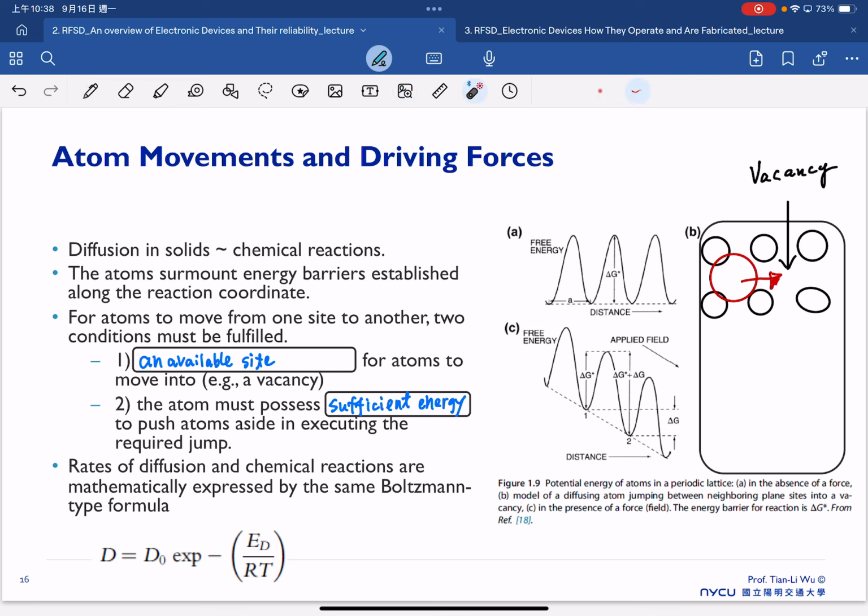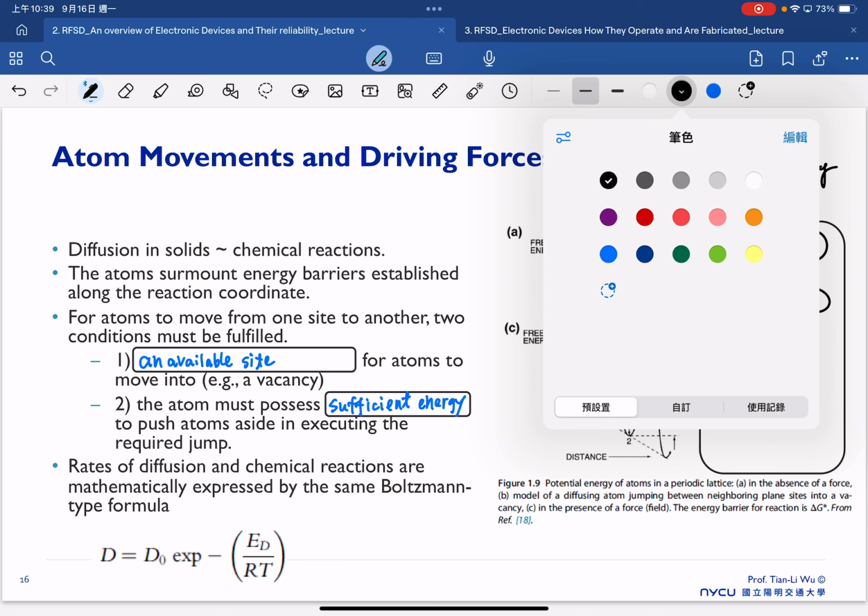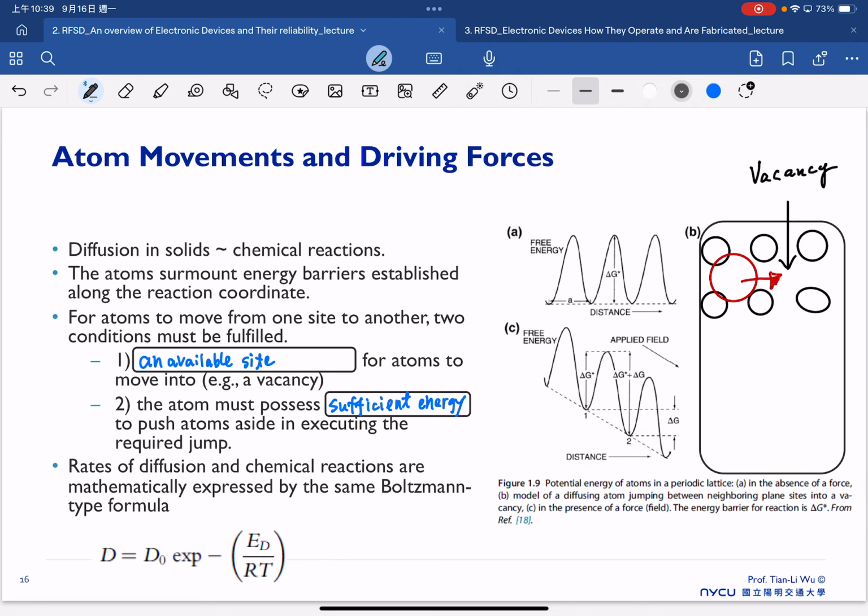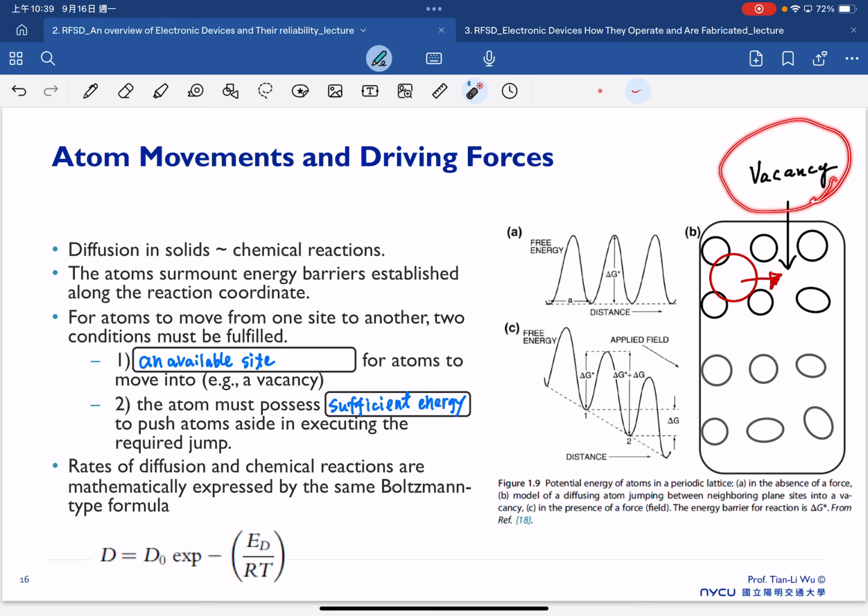The atom needs to have sufficient energy to push other atoms aside in executing the required job here. So once this atom wants to move to the right, first we must make sure that there is a vacancy.